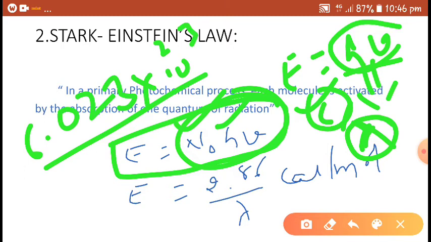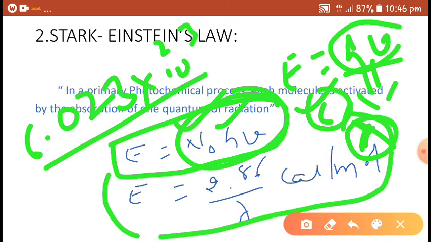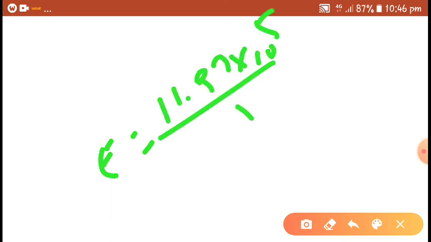E is equal to 2.86 by lambda calories per mole, or E is equal to 11.97 into 10 to the power of 5 by lambda kilojoules per mole.